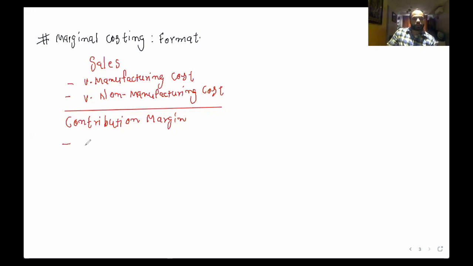Minus fixed manufacturing cost. Minus fixed non-manufacturing cost.